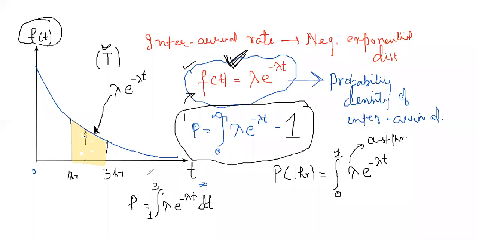Yes, exactly. 3 to infinity. Greater than 3 hours means this much area. This area will give us the probability that the inter-arrival time is greater than 3 hours.